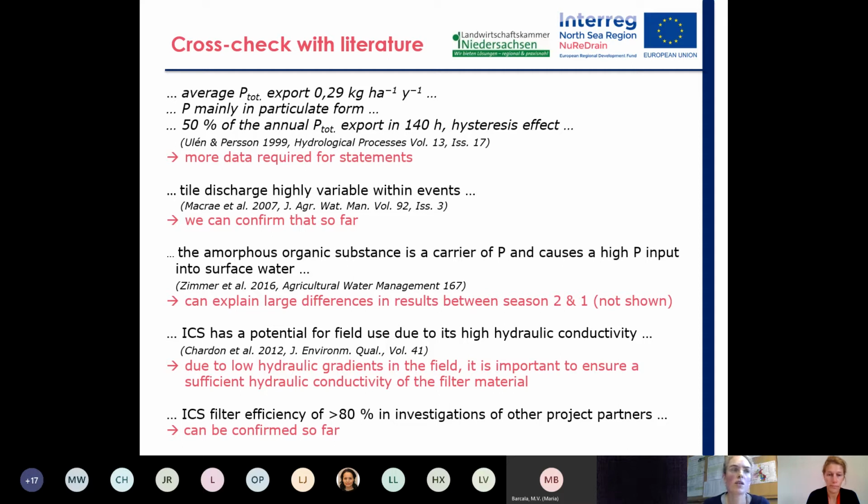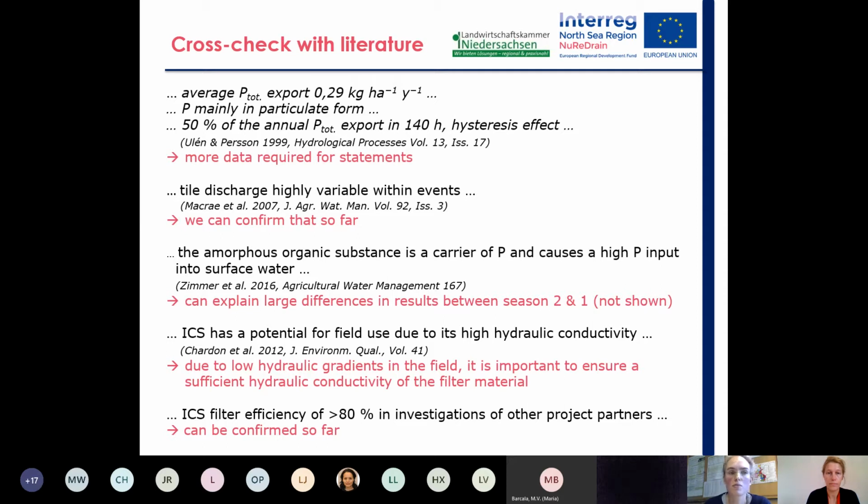McGrath et al. found out that the tile drain discharge is highly variable within events. We can confirm that too. Zimmer et al. stated that the amorphous organic substance is a carrier of P and can cause a high P input into surface water.